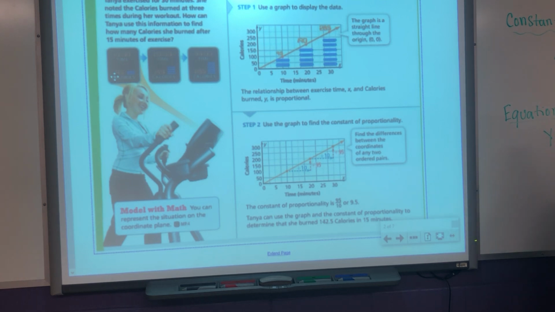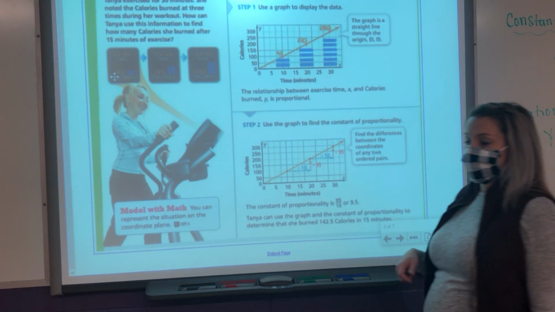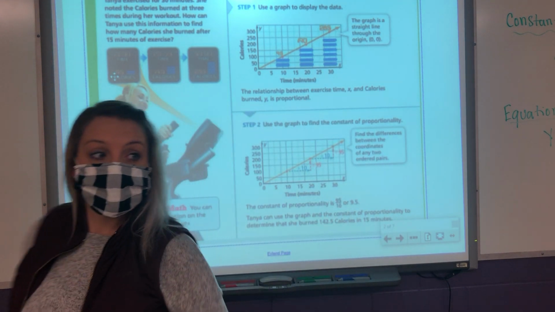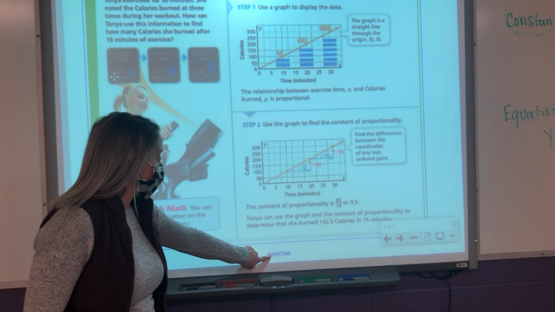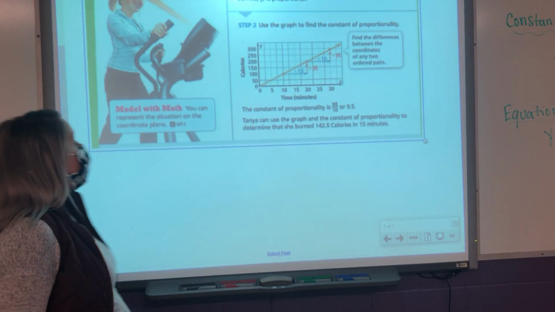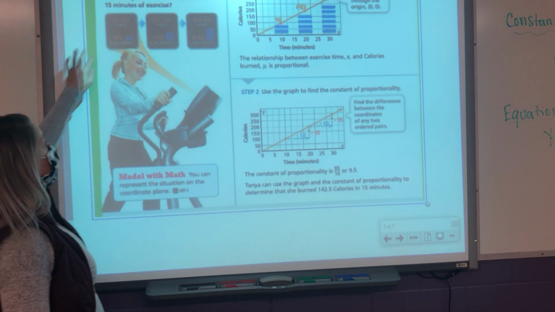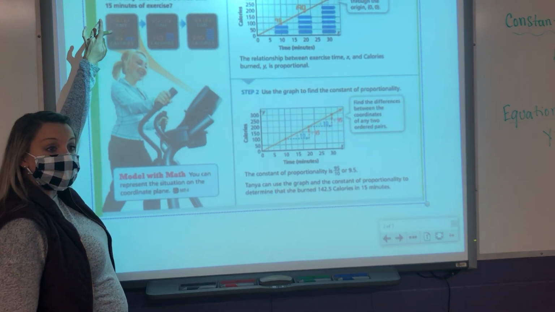How else could we test if it's proportional? Zach? Looking at the numbers like 95 and 190, it's just 95 times 2. Okay, so could we do a ratio table?